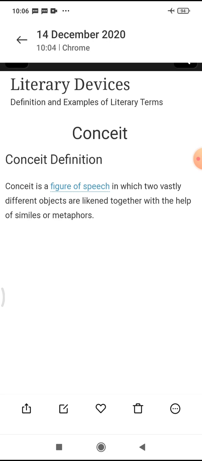They are made similar with the help of similes or metaphors. Simile and metaphor are comparisons. Using these comparisons, they are made similar, though they are vastly different. So, conceit is a kind of comparison to make things similar.